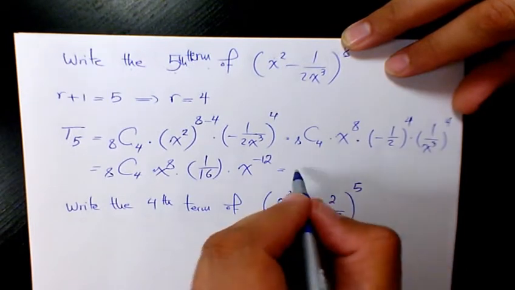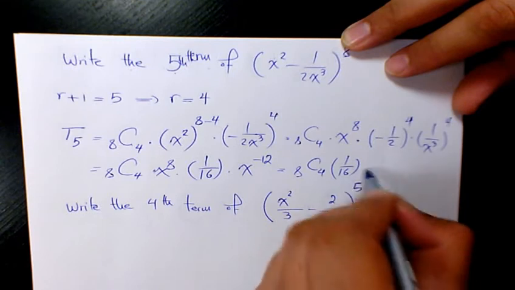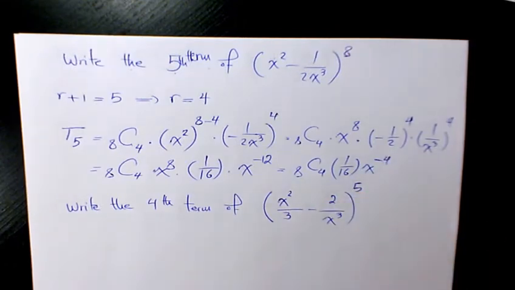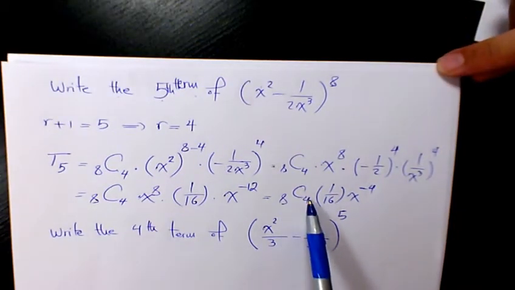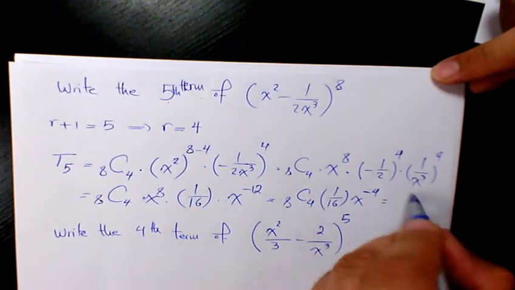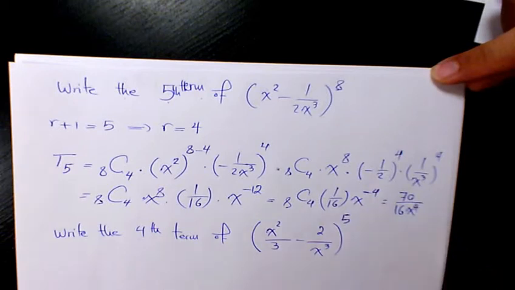That is going to make it 8C4 times 1 over 16 x to the power of negative 4. So that's the fifth term. If you calculate 8C4 or use Pascal's triangle, this number is 70. So the answer is going to be 70 over 16x to the power of 4.